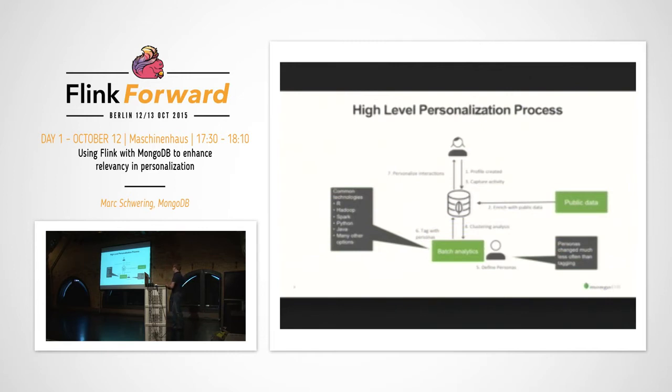So you have a user at the top level, and the user is creating a profile, or the device is creating a profile. You capture activity, so that's where streaming comes into place. You have external data sources, where you get public information, like IP ranges, also weather information, and all this stuff you store in databases, for example, in MongoDB.